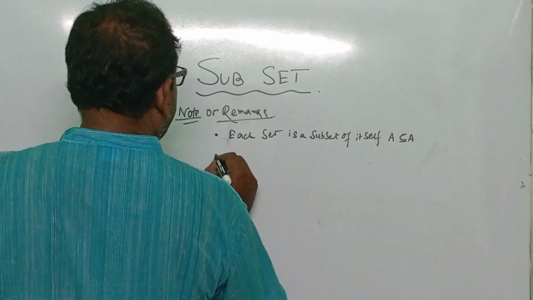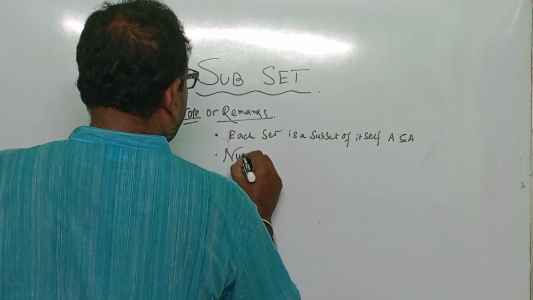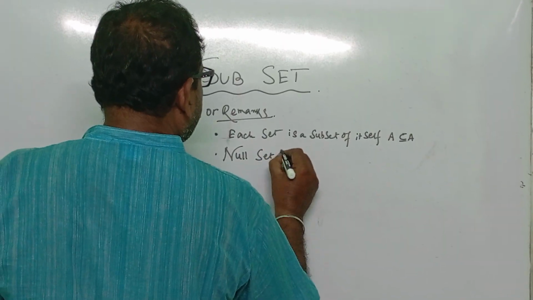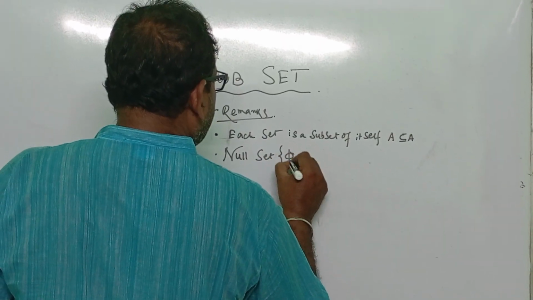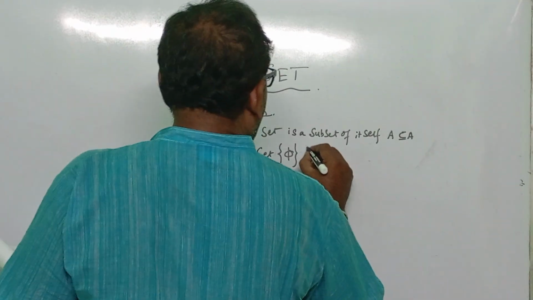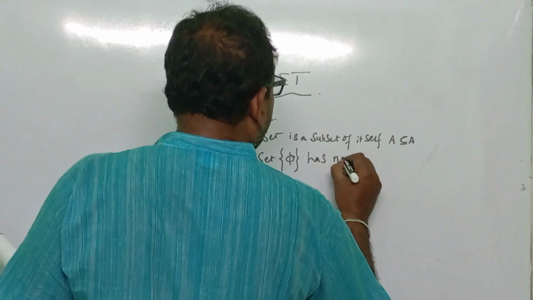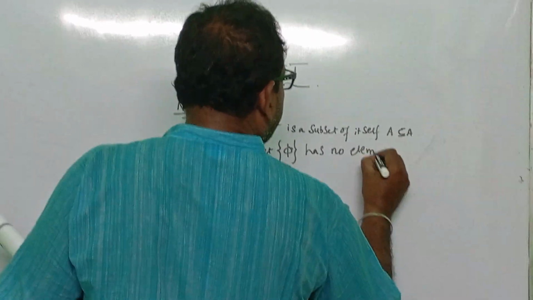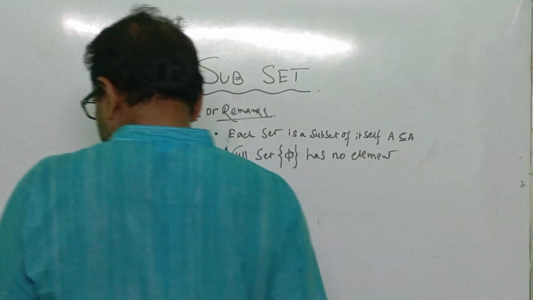Number 2. The null set has no element. You know that.